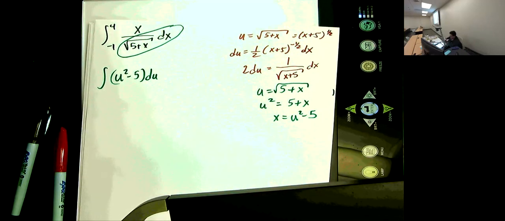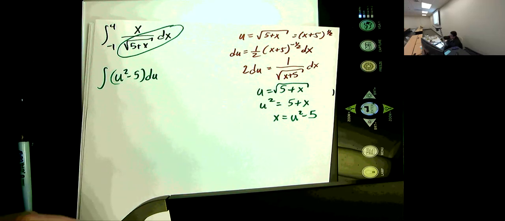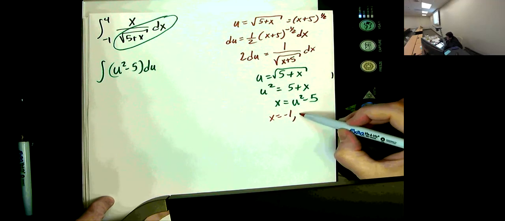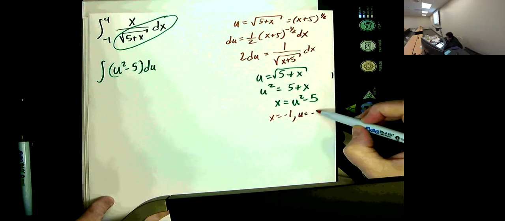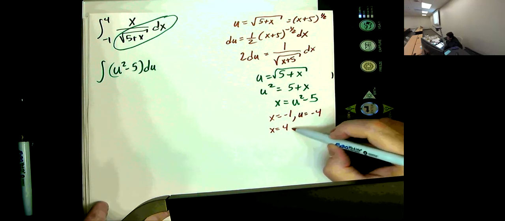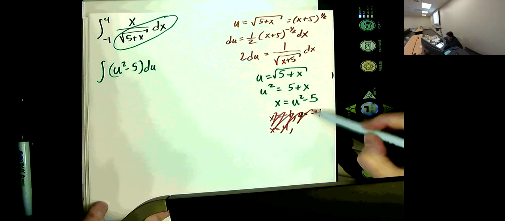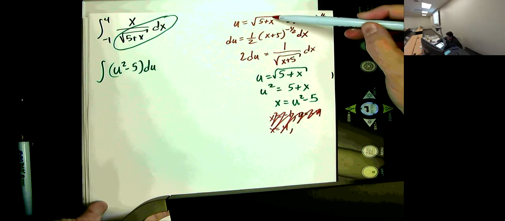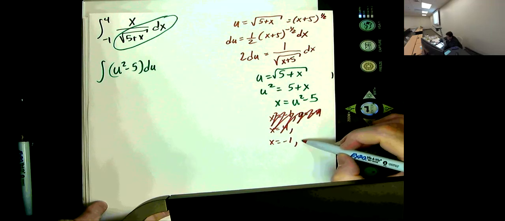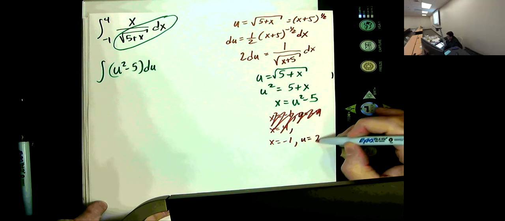And my limits would be... when x equals -1, u equals... no, I'm doing this the wrong way. I'm plugging into the wrong thing. I need to plug in up here. When x equals -1, u equals 5 minus 1 is 4, square root of 4 is 2.